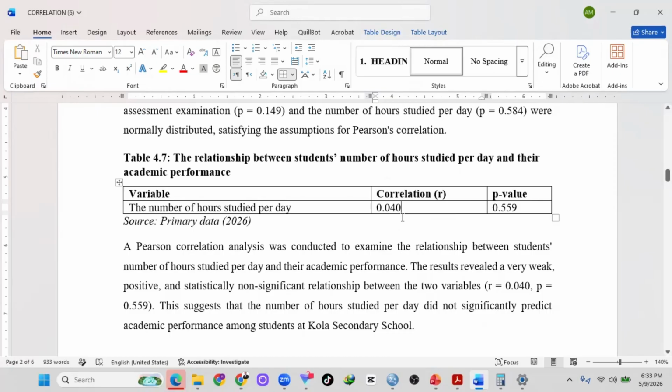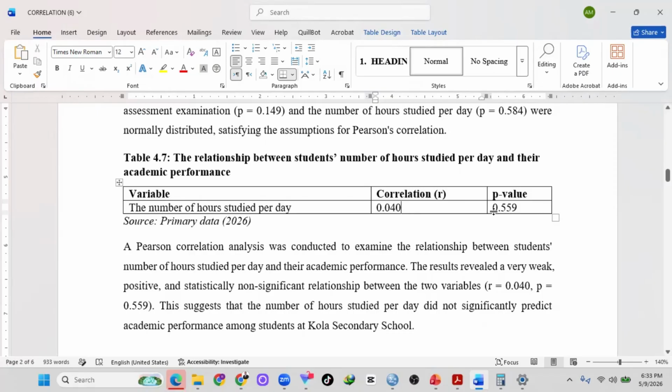If you remember the number line that I showed you earlier on, the number line has zero. And we said that any value which is very close to zero, it means that there is a weak correlation. Okay? So this one means that the correlation is weak. Okay? And it is positive but weak.